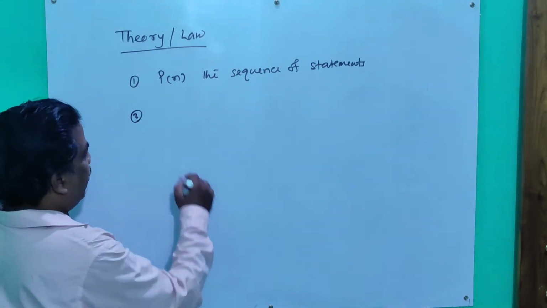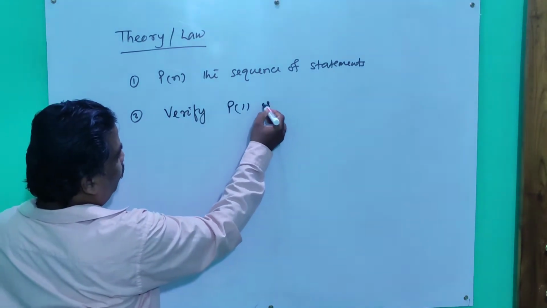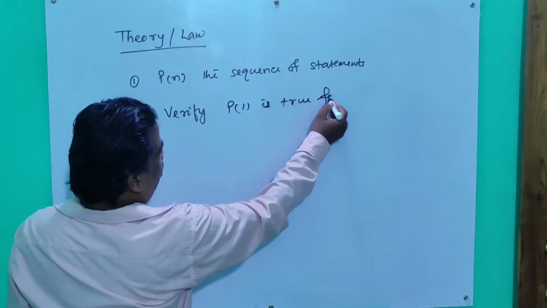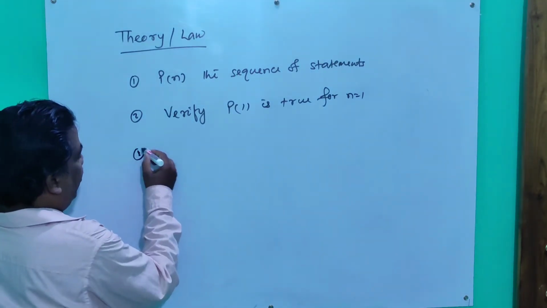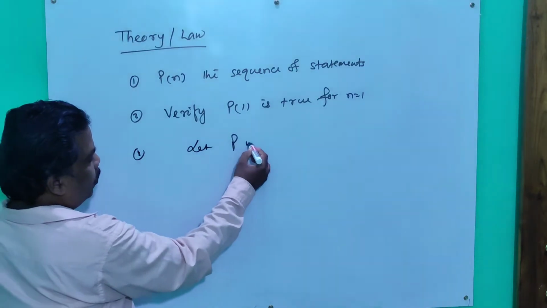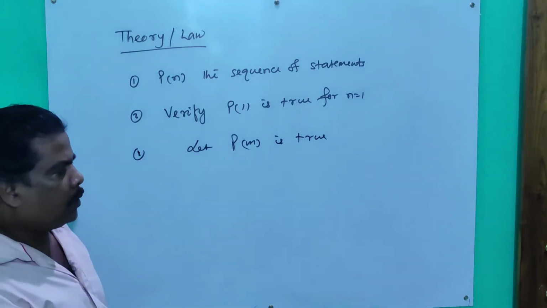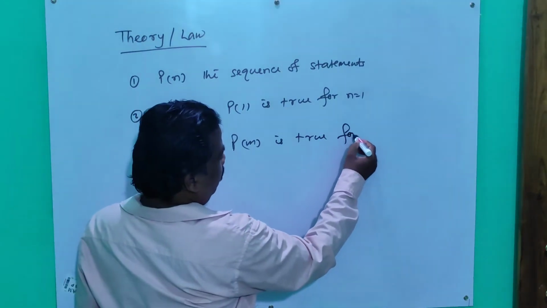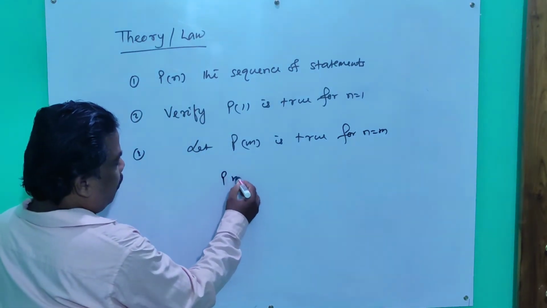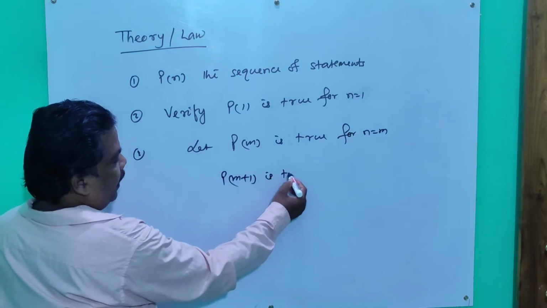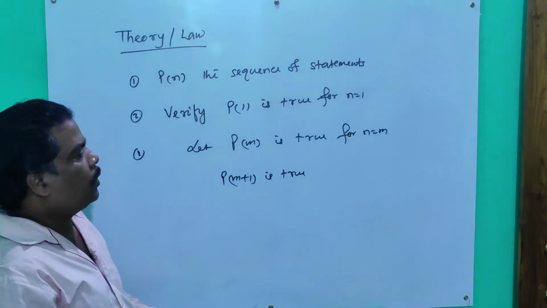Next, we verify P1 is true for n is equal to 1. Next, let us assume that Pm is true for n is equal to m. If Pm is true implies Pm plus 1 is true, then we say by the principle of induction Pn is true.